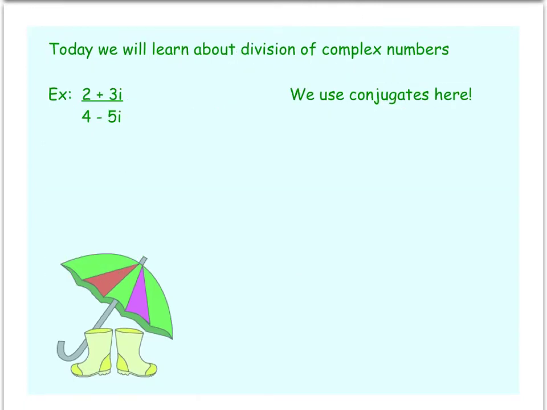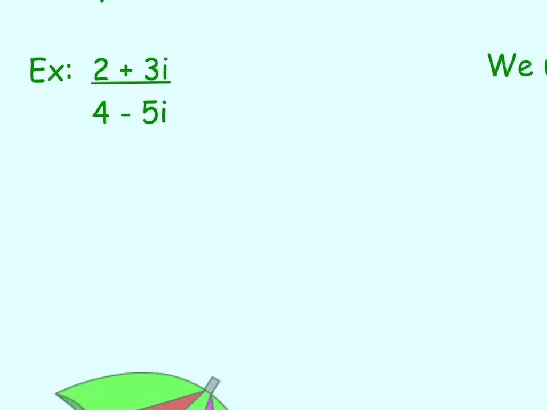So when we divide complex numbers, we're going to use conjugates. What we're going to do, let me scroll in a little bit here, is we're going to multiply this fraction times a conjugate of the denominator, so 4 plus 5i, over itself.